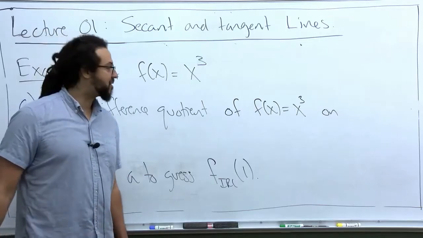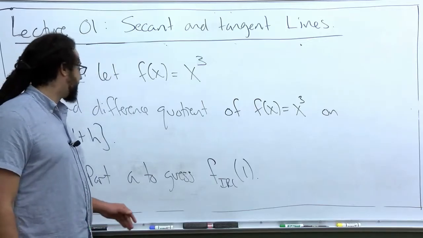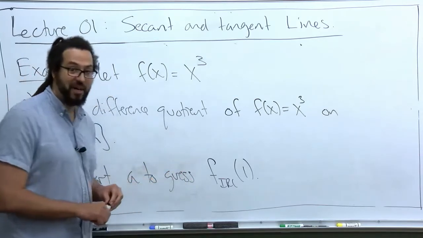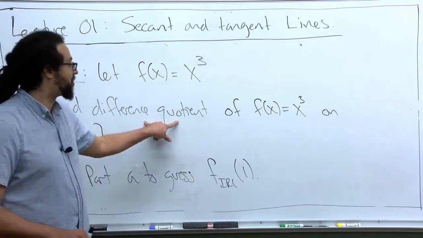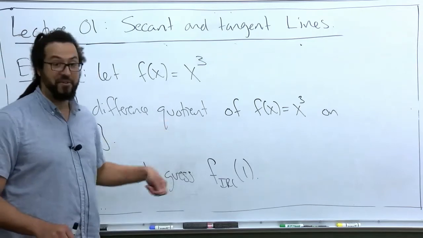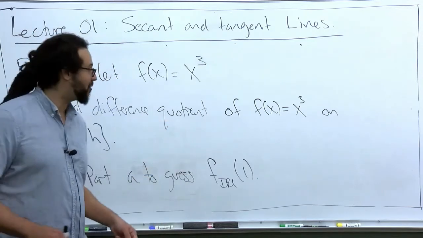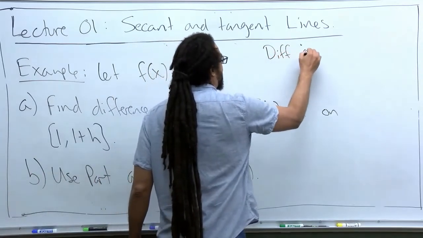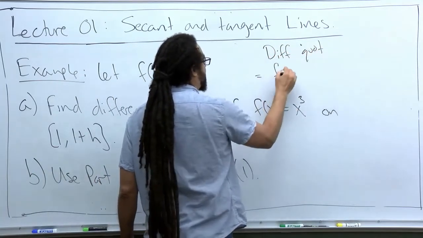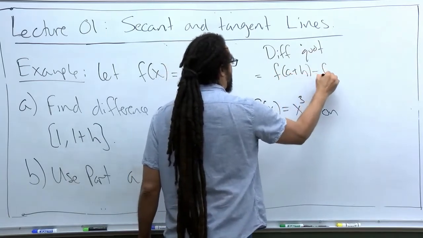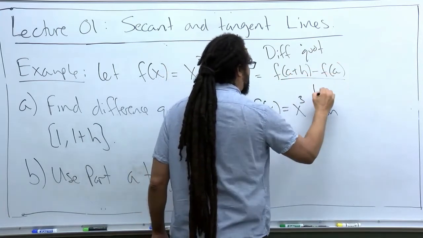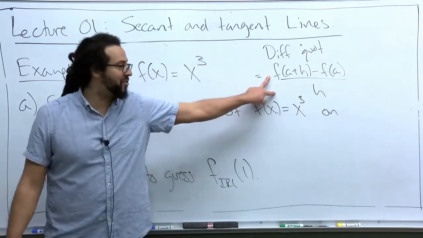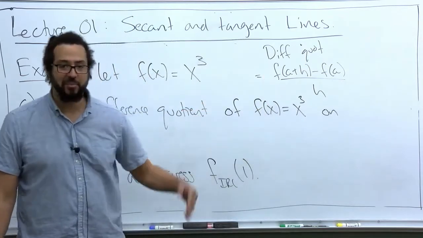Okay, so let's look at an example using this difference quotient. I don't think I defined that last time. The difference quotient is just f of a plus h minus f of a over h. The difference quotient is just the average rate of change of a function on the interval from a to a plus h.